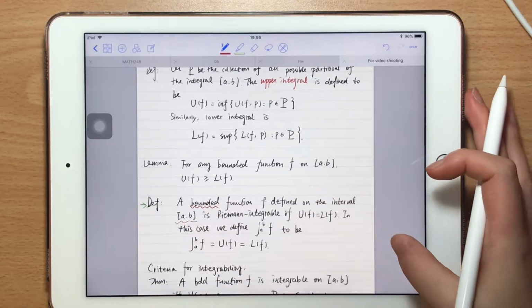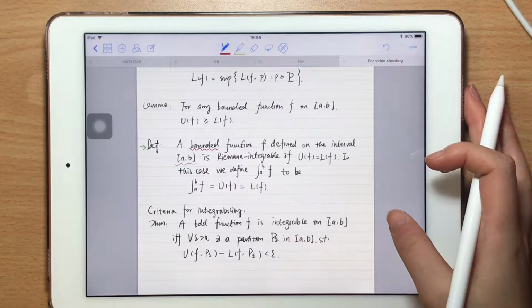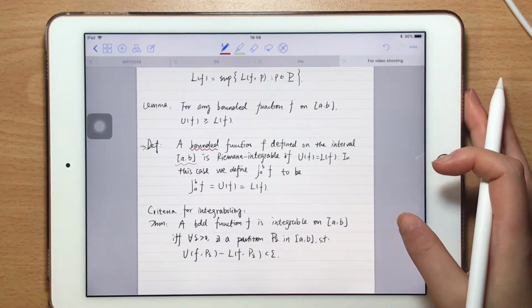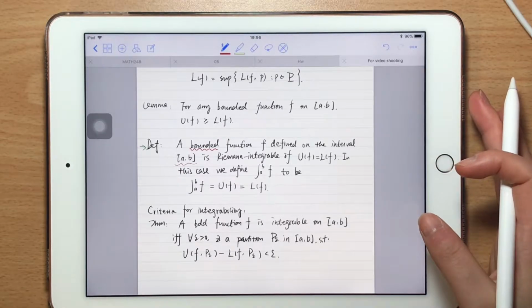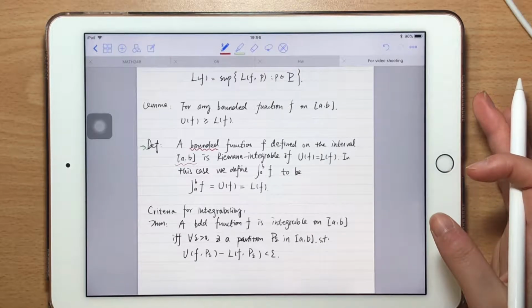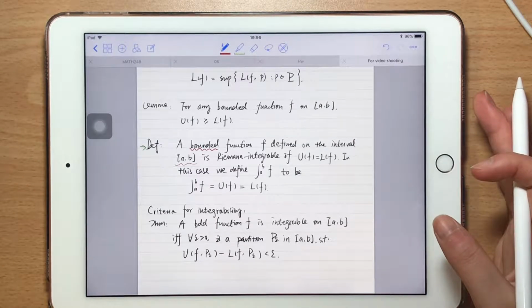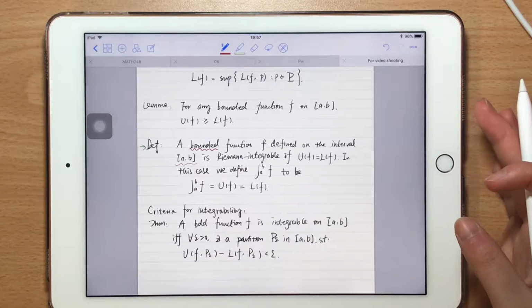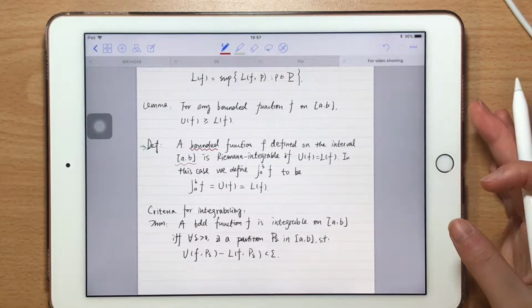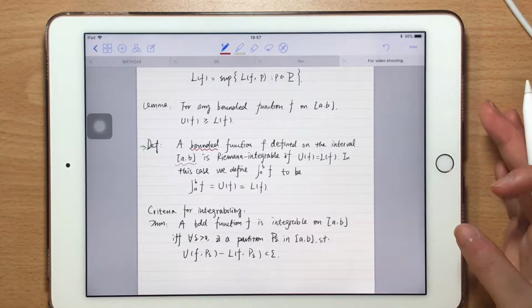It's quite obvious. And I said in the beginning of this video that we're also gonna introduce the criteria for integrability. So besides the definition of how we define a Riemann integrable function, we will also have another criteria for integrability. It is the same way that we define uniform convergence of a sequence, right? Because we have the definition for uniform convergence, and we also have a criteria for uniform convergence.